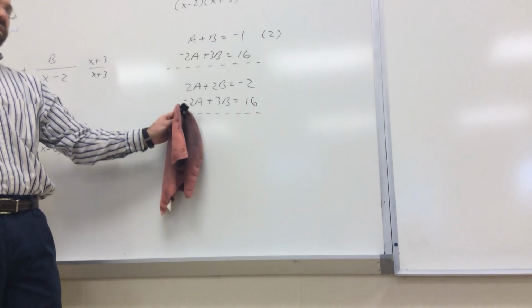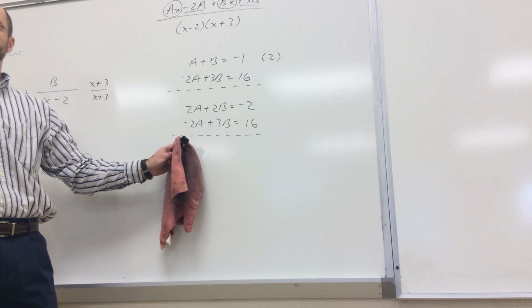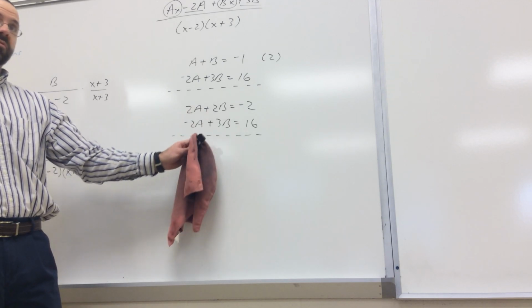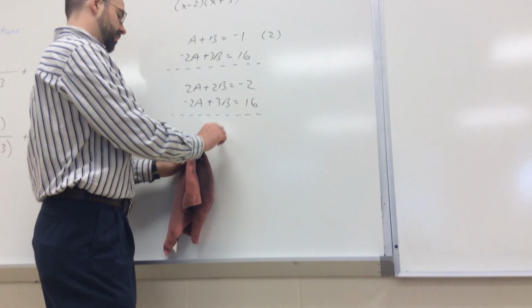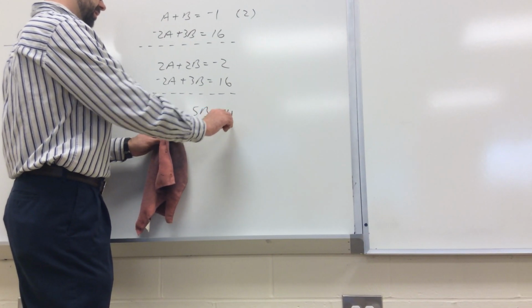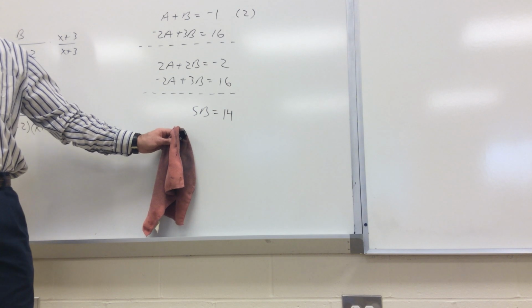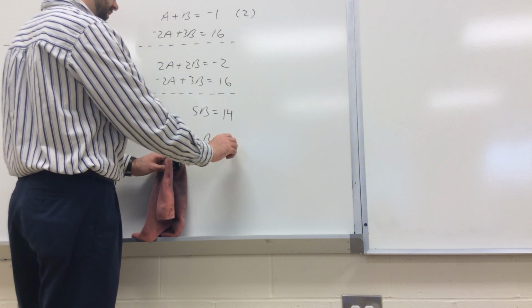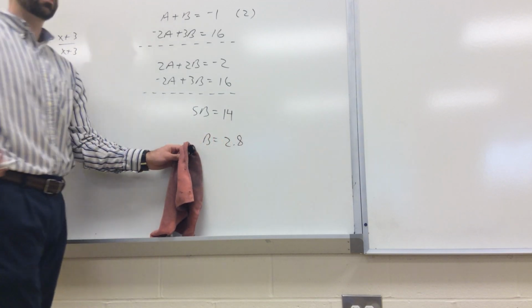So that the 2a and the negative 2a would cross out, right? So this is 5b equals 14. So then you divide both sides by 5 and you figure out that b is 2.8.